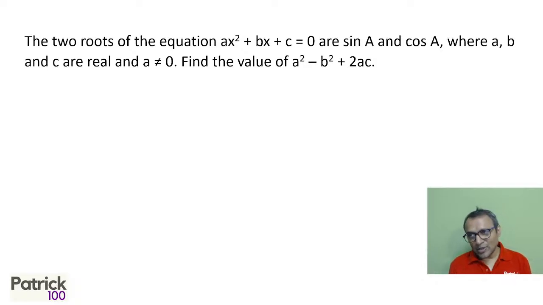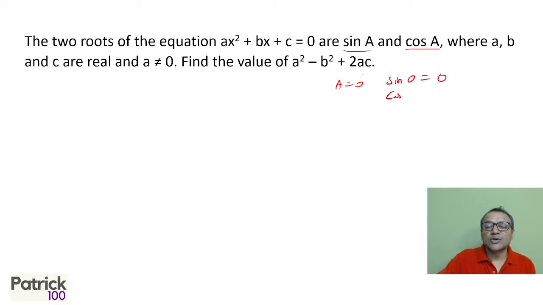But the hint I can provide is, whenever you have variables given in the questions, you can always assume simple values for the variables and then solve. So basically we have sin a and cos a. If I assume a as 0, for example, sin 0 becomes 0, cos 0 becomes 1. You can assume a as 45 degrees also, in which case sin 45 becomes 1 upon root 2, and cos 45 as 1 upon root 2.